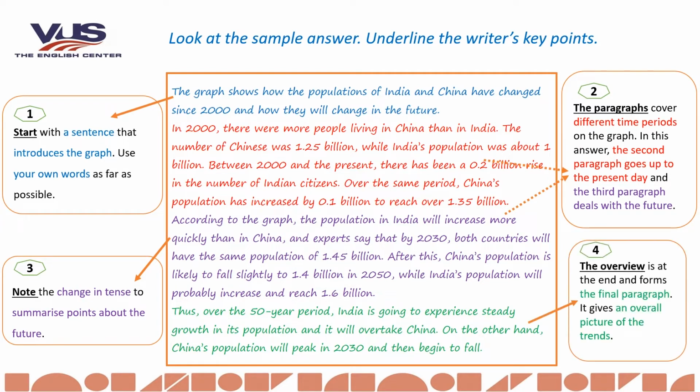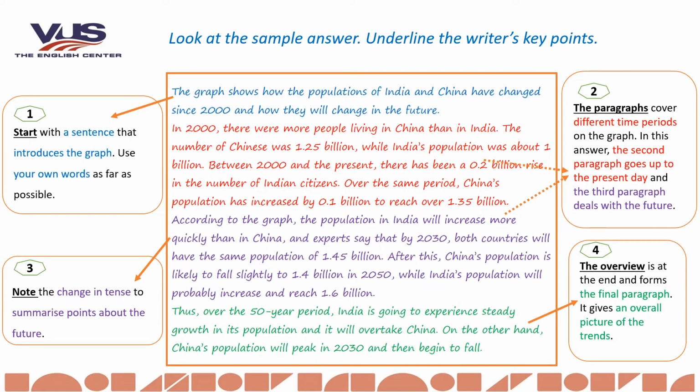So for the overview here, the green paragraph right here, we can see we have only two sentences, right? The sample answer only gives two sentences to describe the overall trend of the two countries. The first is about the steady growth of India's population, and then it will overtake China. That's it for India.